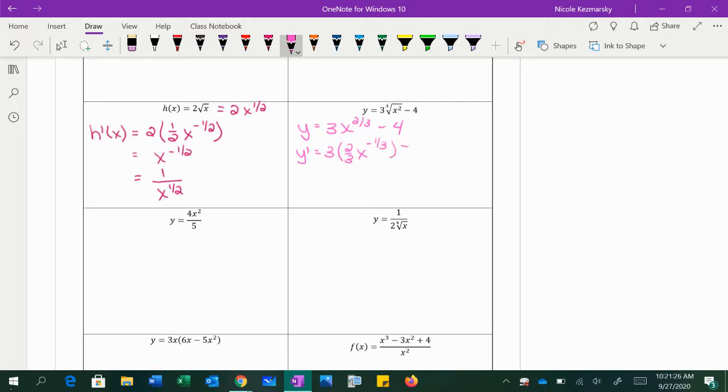And then the derivative of a constant is 0. 3 times 2/3 is 2, so we've got 2x to the negative 1/3. And then I'm going to fix that negative exponent. The 2 stays in the top because it doesn't have a negative exponent. The x goes into the bottom with a now positive exponent.